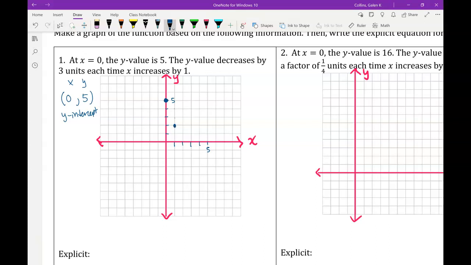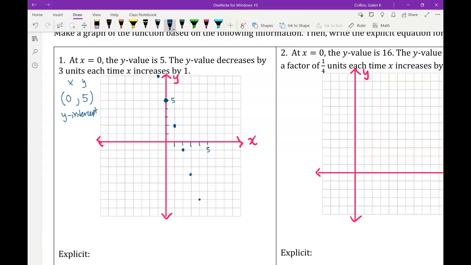So I'm going to move over another one and decrease by 1, 2, 3 units. Now you can always, if you wish, make a table. Like if you are someone who likes to hold their thinking by making a table first, you can do that. It's not necessary, but it is always a possibility.